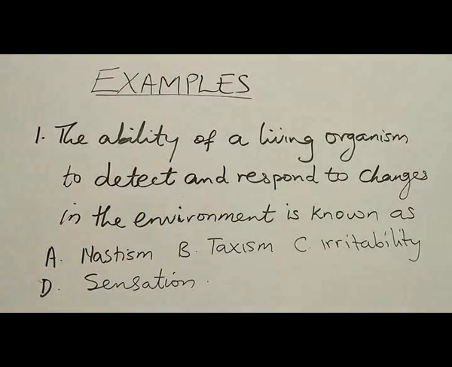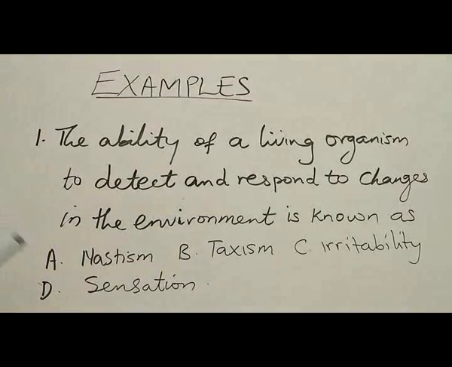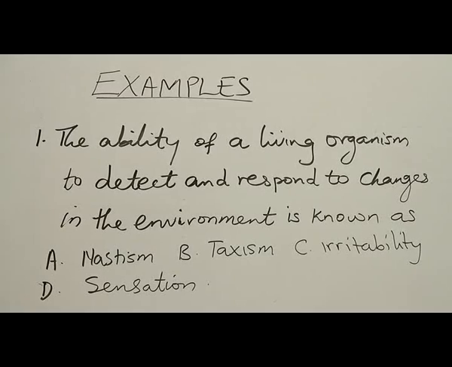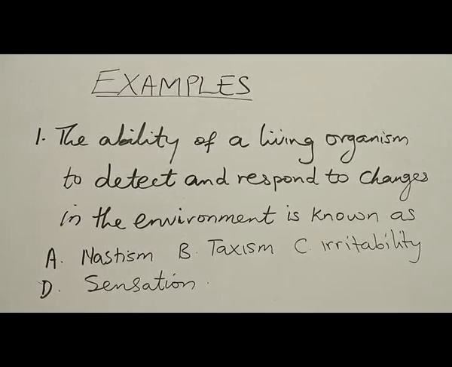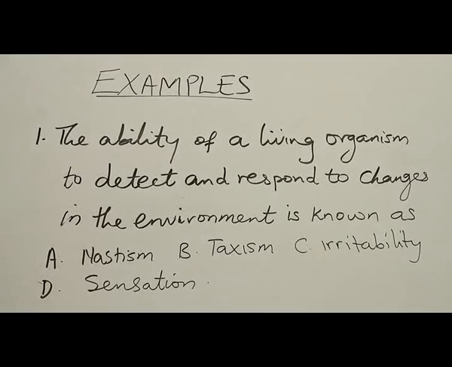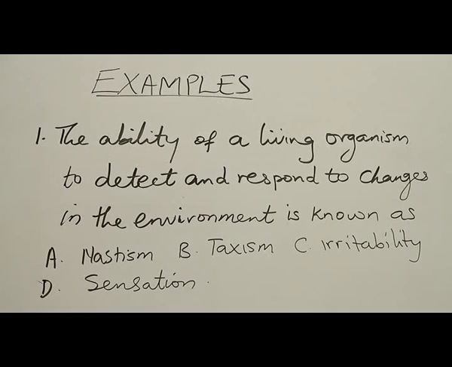Example 1. The ability of a living organism to detect and respond to changes in the environment is known as A. Nastism, B. Taxism, C. Irritability, D. Sensation. We are talking about general response to stimuli in the environment.